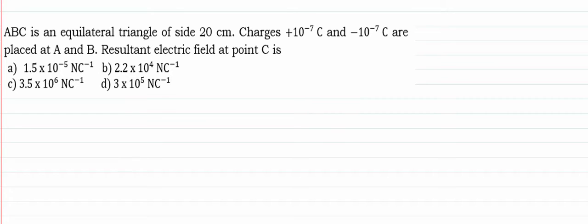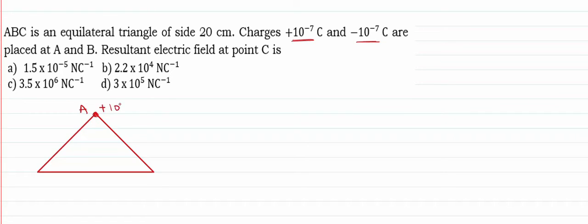Charges plus 10 raised to minus 7 and minus 10 raised to minus 7 coulomb are placed at A and B. This point I will take as A, plus 10 raised to minus 7 coulomb; this I will take as B, minus 10 raised to minus 7 coulomb. You are required to find the resultant intensity at C.